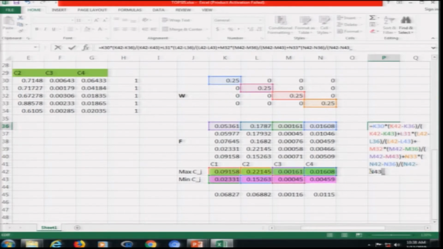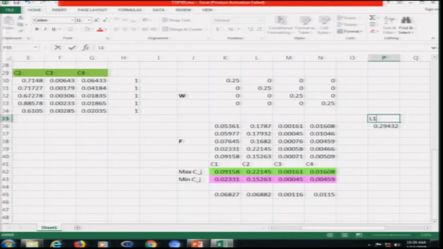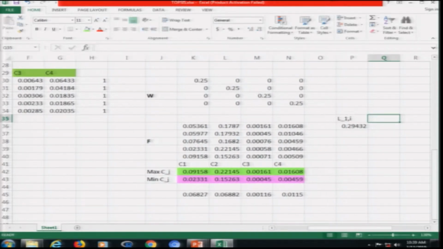So, I have for the first one. Now if I want to do it for the second one, for the L1 norm, let me write it. L1. So, it will be comma L1 norm and basically the ith one for the ith alternative, and we will find out similarly L infinity comma ith norm.